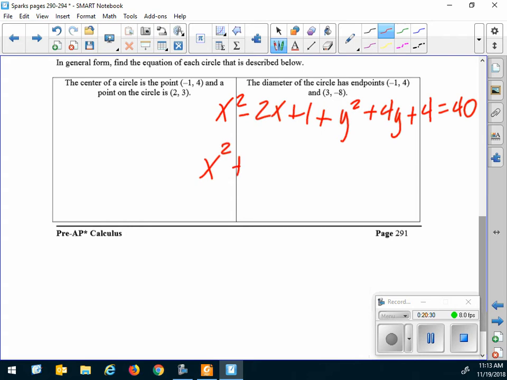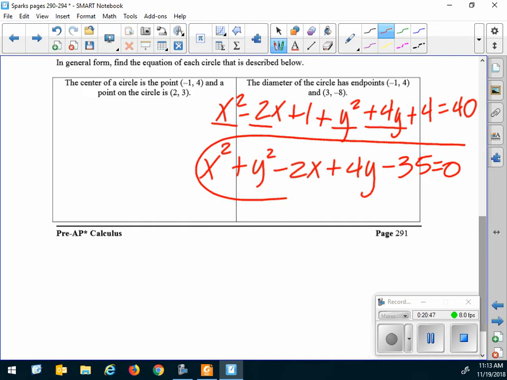So we got x squared plus y squared minus 2x plus 4y. That took care of that and that and that and that. Plus 5 equals 40. So minus 35 equals 0. There we go. So far, so good?